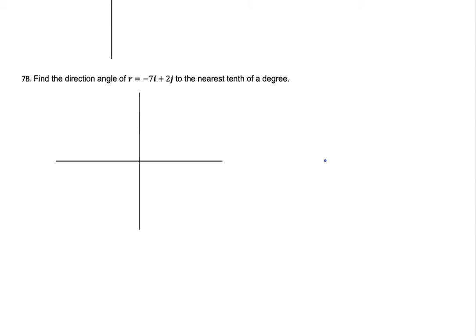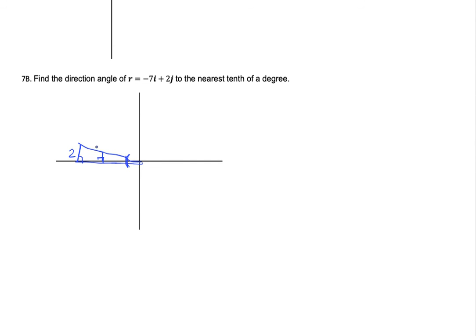Another one, this time they have it in linear combination form, but remember it's the same thing. This is just my direction of x and this is just my direction of y. So I have -7 vector i plus 2 vector j. So I'm going to go -7 here and +2 here. It's totally a right angle. Okay, 7 there. And I need to find this angle right here.